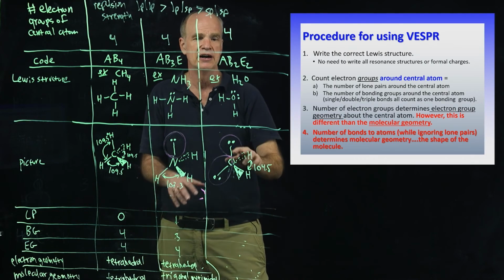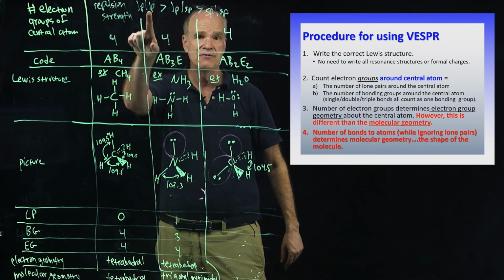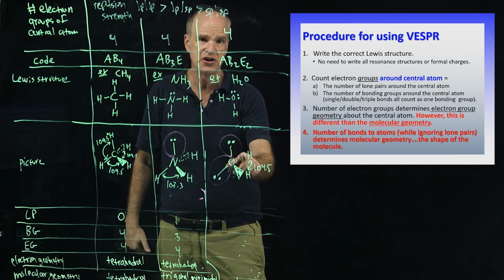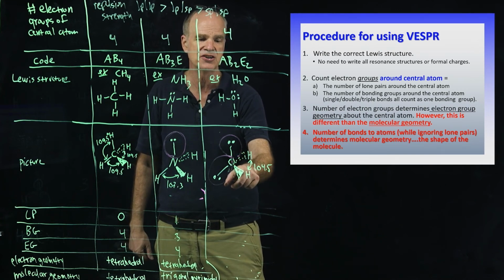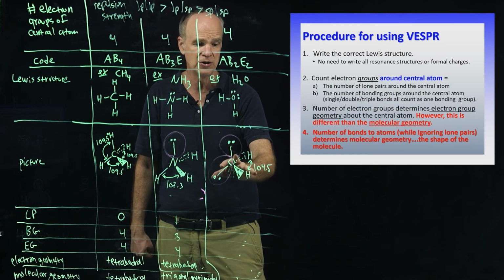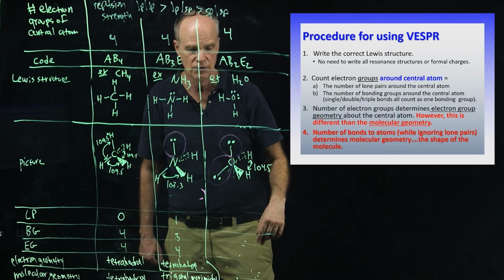When you have 2 lone pairs, they have the strongest repulsive strength to anything else, whether it be a lone pair-shared pair interaction or a shared pair-shared pair interaction. So 2 lone pairs are very repulsive, very bulky. They will squeeze the hydrogen atoms even further to give you an angle of 104.5.